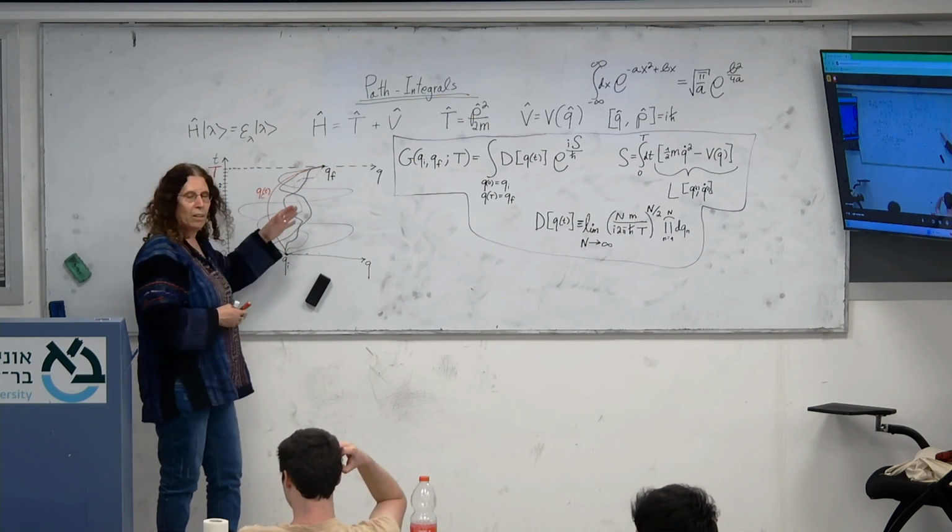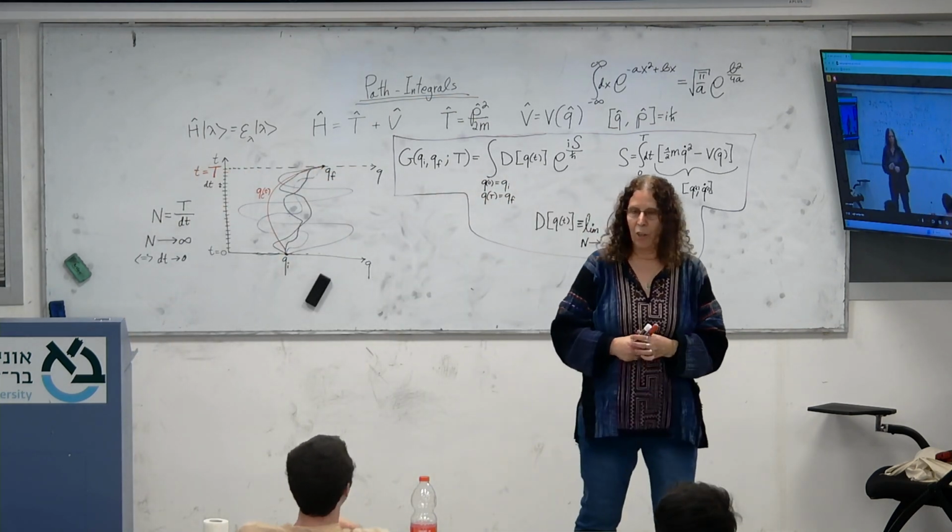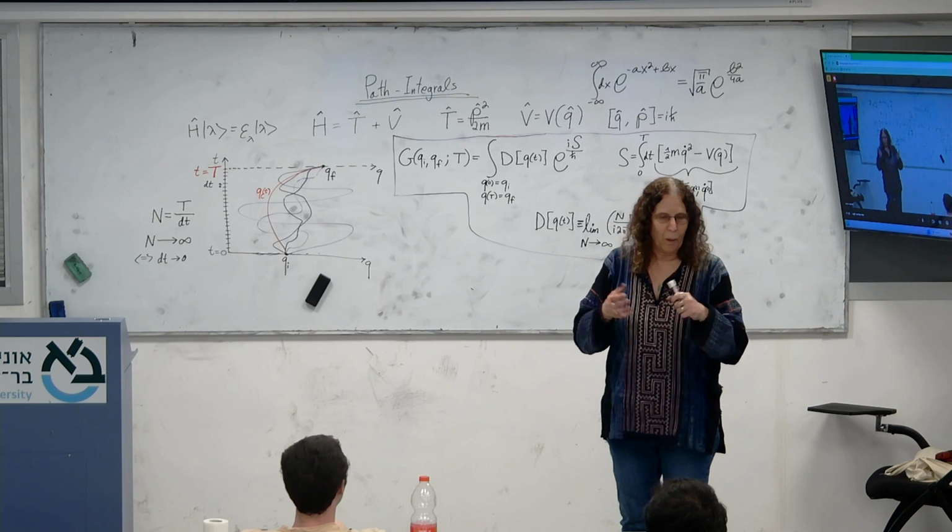The general result is always an interference. It's like a generalization of the two-slit experiments, if you like.